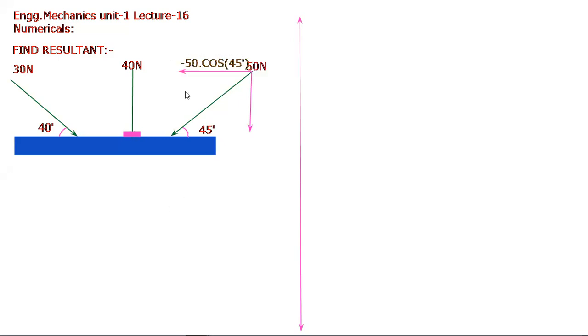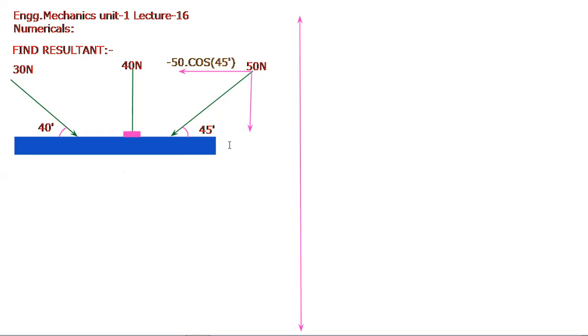You have split this force. So therefore, it is making an angle of 45 degree with the horizontal x-axis here, and therefore you can split this force 50 Newton as minus 50 cos of 45, because this is acting in negative x-axis direction.